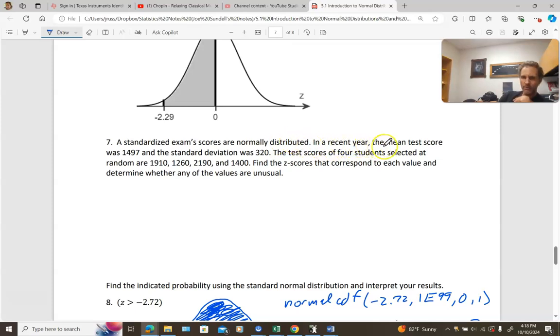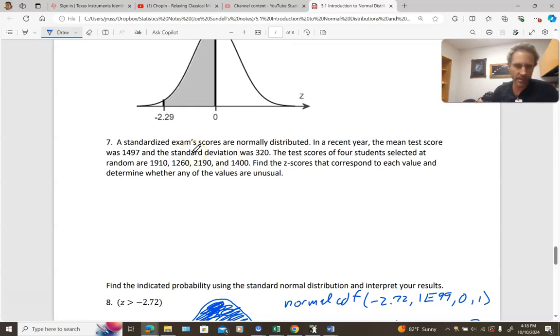The test scores of 4 students selected at random were, etc. Find the z-scores that correspond to each of these values and determine whether any of the values are unusual. So see, these numbers are from the raw data, from the actual distribution itself. When we turn these numbers into z-scores, then we're talking about the standard normal distribution. Okay.